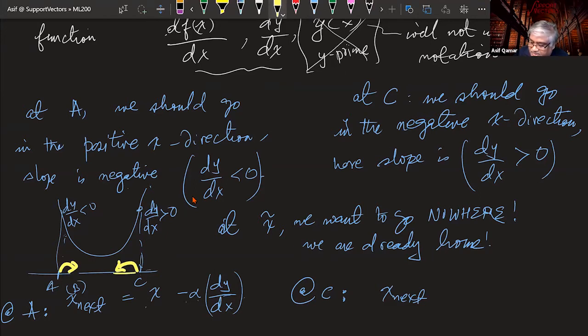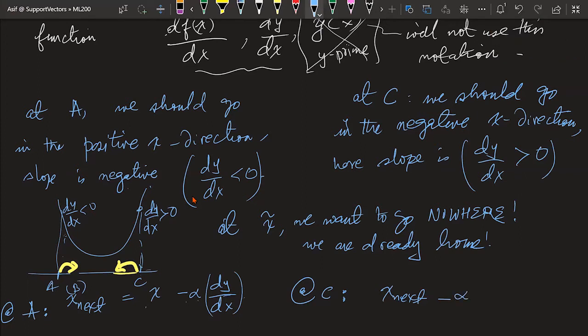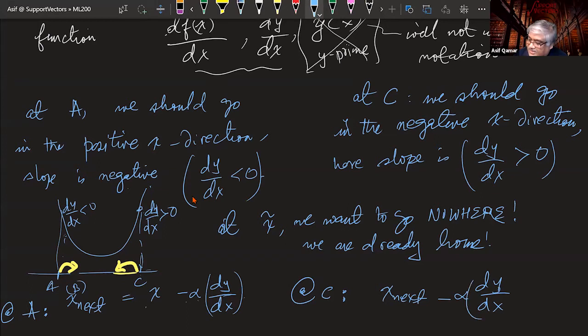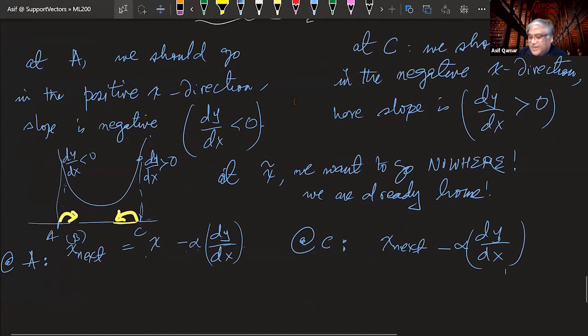You want to go against the slope, the dy/dx. Does this make sense, guys? If you take a little step like this, and alpha you can take as a very small amount, like 0.01, it's a tiny step in the right direction. You can keep making those tiny steps till you reach home. This is your x tilde.